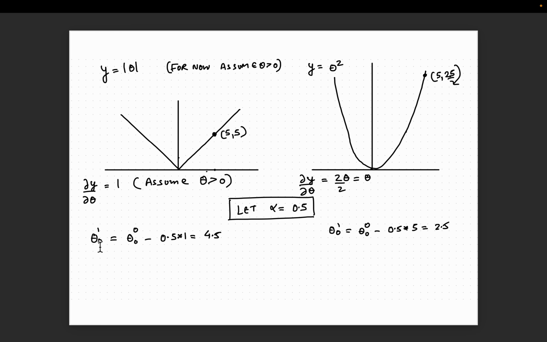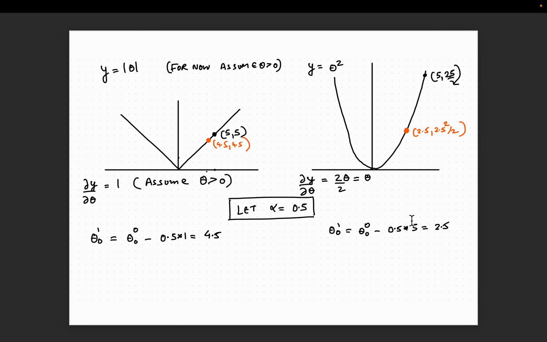So my new theta is theta naught minus 0.5 into 1, because my gradient was 1. So I move from 5 to 4.5, whereas in the other case I moved from theta naught to theta naught minus 0.5 into del y by del theta, which is theta. So I moved from 5 to 2.5.